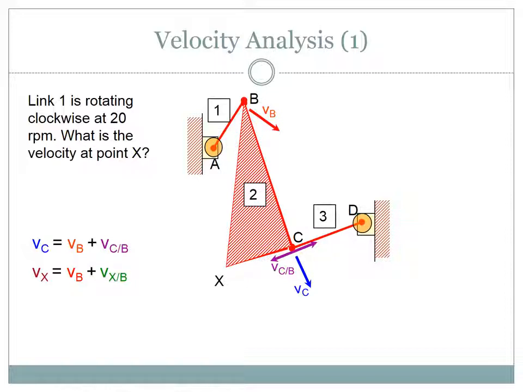And for VX, it is equal to VB plus VXB. VXB is basically this straight line. We don't know the direction of VXB yet. And of course VX equals VC plus VXC.